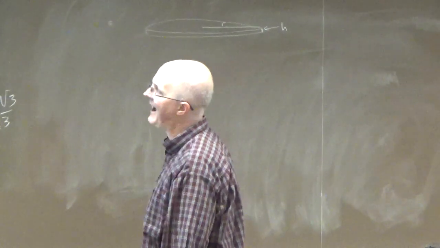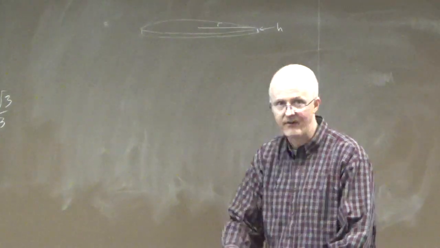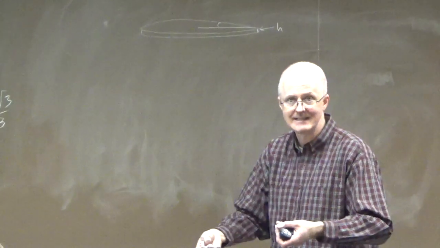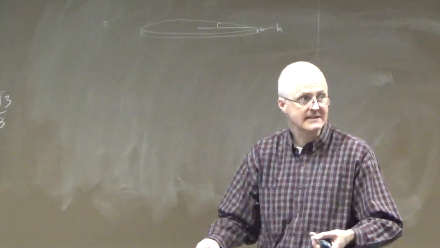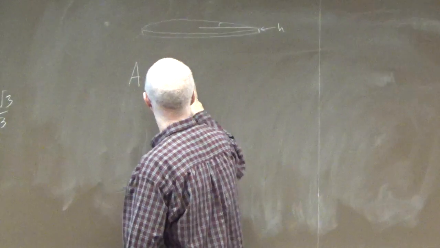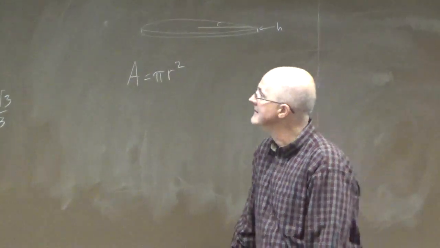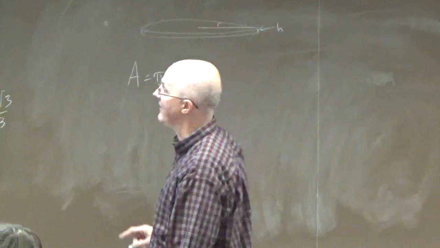Part A is about the area of the slick. If you're looking straight down on it and looking at that area without thinking about the thickness, it's going to look like a disk, a circle. Its area is going to be pi r squared.